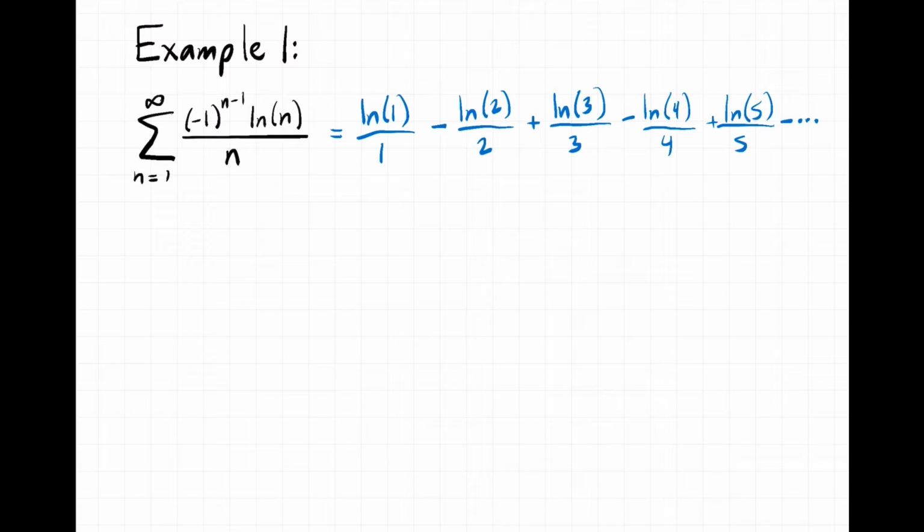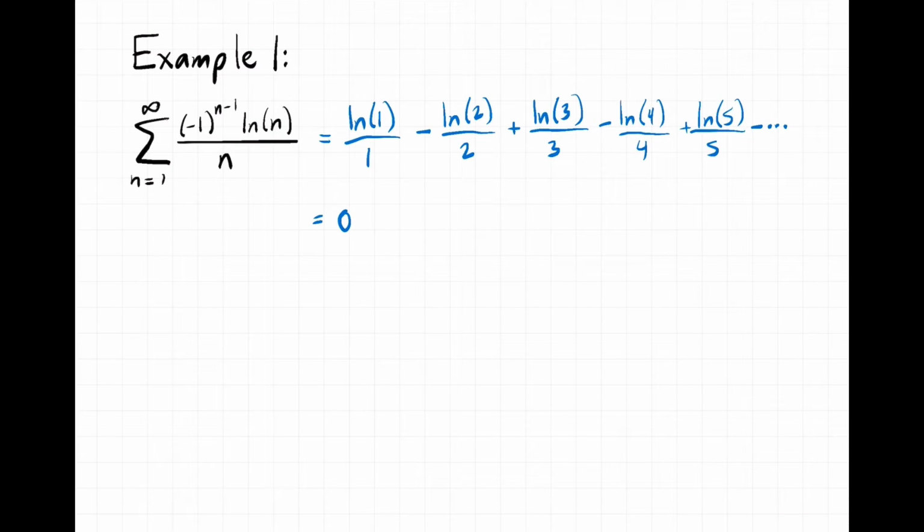And let's try to simplify these terms a little bit. The natural log of 1: what power can I put on e to get 1? Well, the answer is 0. So this actually is 0. It is okay for some of your terms to be 0. Minus the natural log of 2 over 2. Now, I don't know exactly what that is. I could get a decimal approximation if I wanted to.